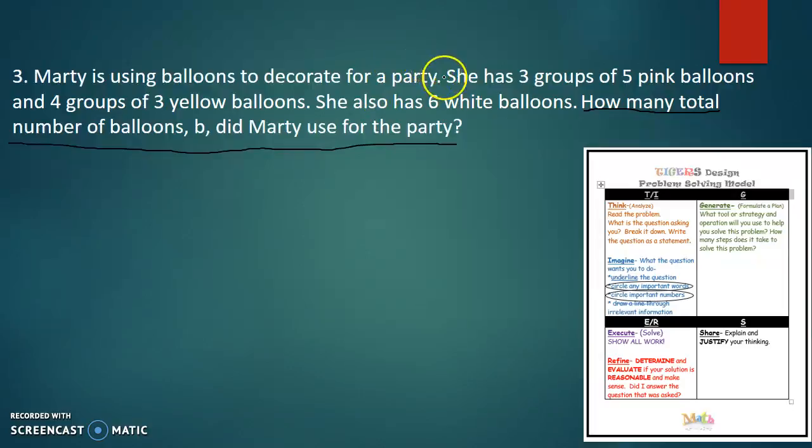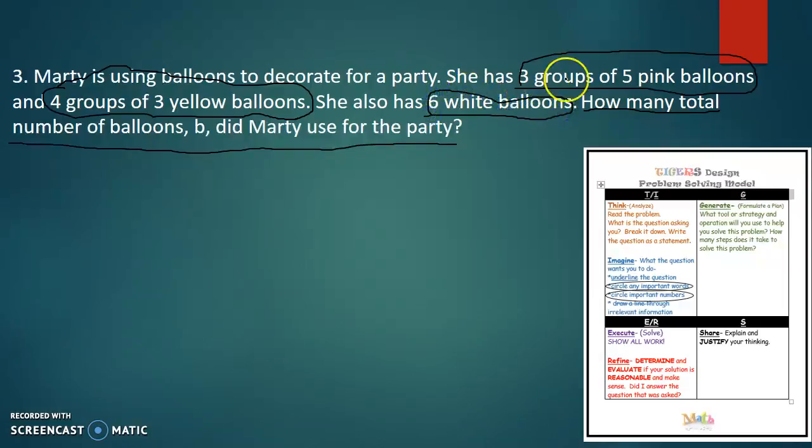I'm going to start with my first sentence. She has 3 groups of 5 pink balloons. So I need that. And so that means she bought some more stuff. 4 groups of 3 yellow balloons. Then it says she also has 6 white balloons.